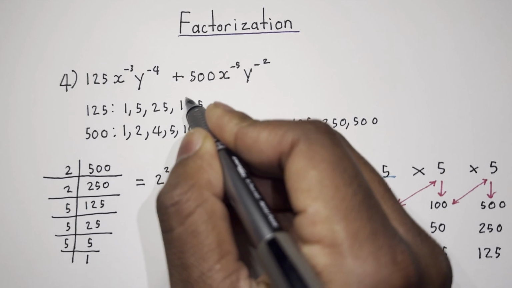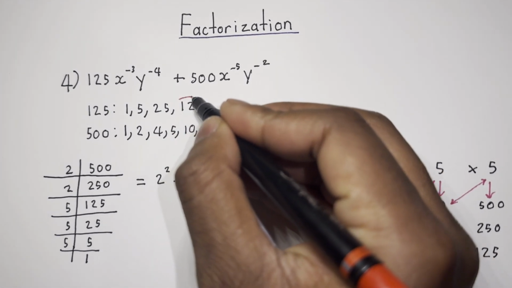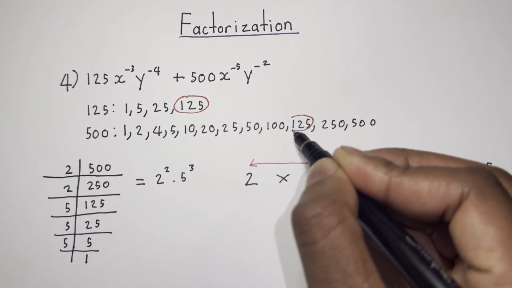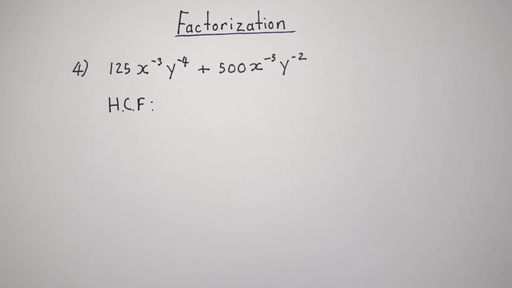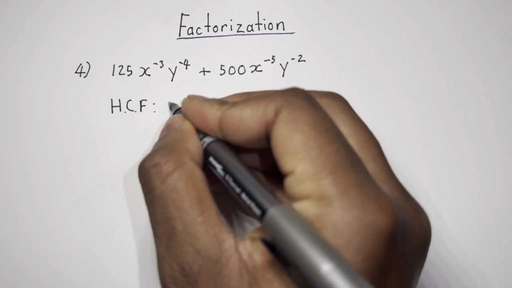Our HCF is 125. So we have established that the HCF of 125 and 500 is 125.